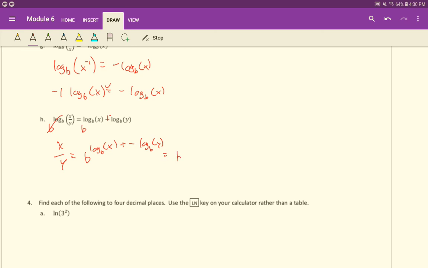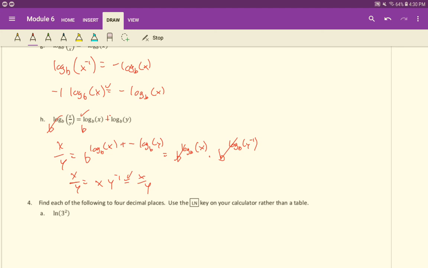So it's going to be b to the log base b of x times b to the negative log base b of y. So we have x over y equals, those cancel, we have x, and then let's bring that negative up into the exponent and make it y to the negative 1. Then those cancel and we have times y to the negative 1, which is really x over y. So check, that's right too.